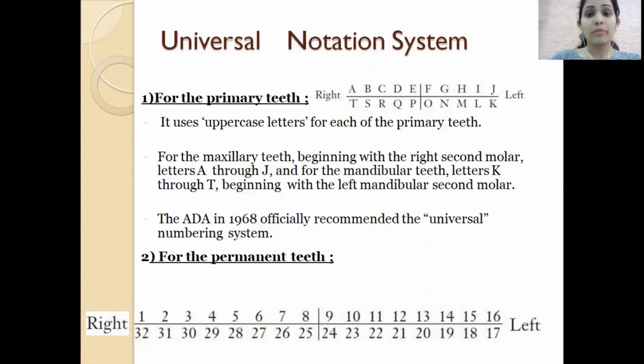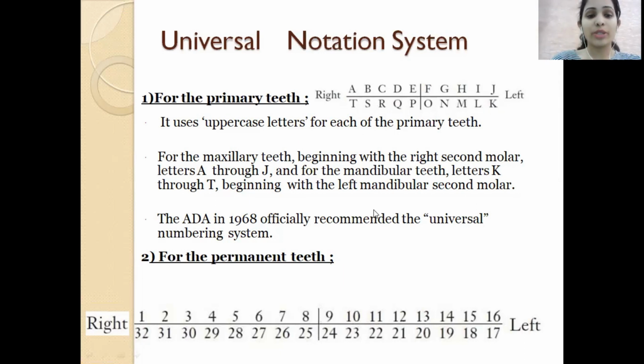For maxillary teeth, beginning with right second molars, it starts with letter A through J. So the right second molar will be denoted by letter A and the left second molar will be denoted by letter J. In the same way, for the mandibular teeth, it starts with K for the left lower mandibular second molar and extends till T. So for maxillary teeth, it begins with right second molar A to J, and for mandibular teeth, it begins with letter K through T. The ADA in 1968 officially recommended the universal numbering system. So this was for primary teeth.